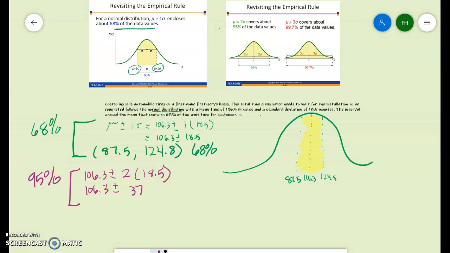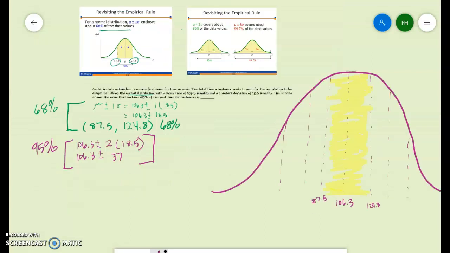So when you do 106.3 plus 37, I'm going to leave this the same. I'm going to point to what this value represents because I didn't make my curve big enough. I'm going to pause it and draw the curve bigger. Okay, so I have redrawn my curve here.